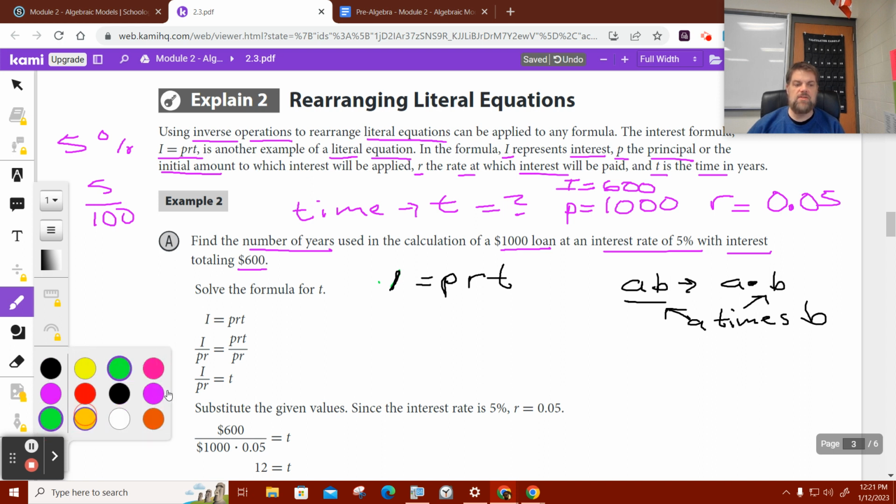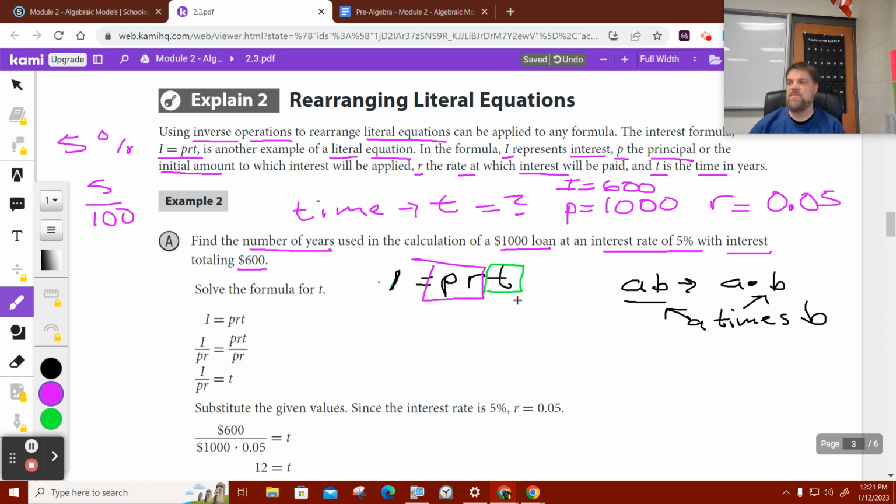I want to solve for T. I want to get T by itself. So that means I need to move the P and the R away from the T. In order to do that, I have to think, what is the P and the R doing to the T? They're multiplying. What's the inverse of multiplying?